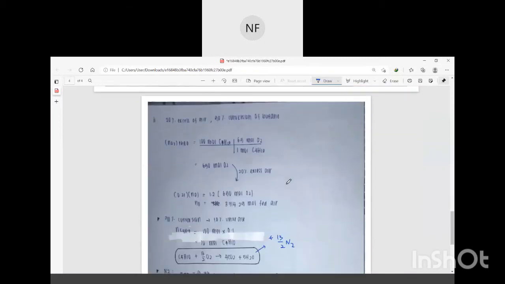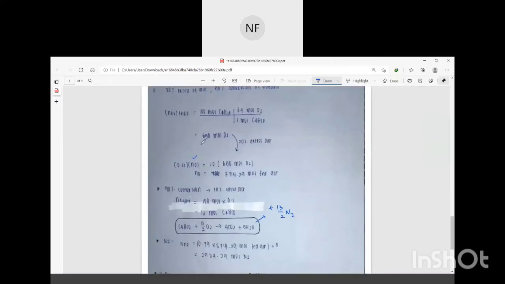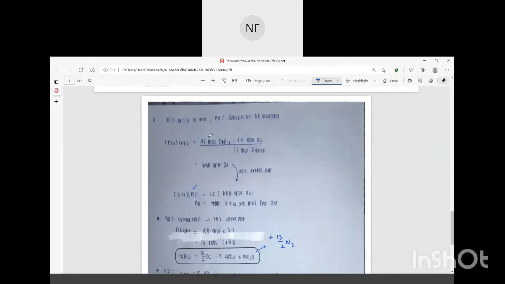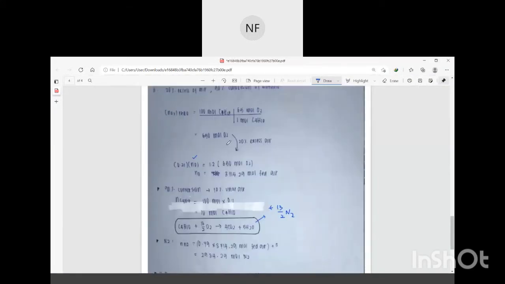So first, we must find the number of moles of the excess A. We multiply the number of moles of butane by how many moles of oxygen are needed per mole of butane, which is 100 moles of butane multiplied by 13 divided by 2 moles of O2, and we get 650 moles of oxygen.